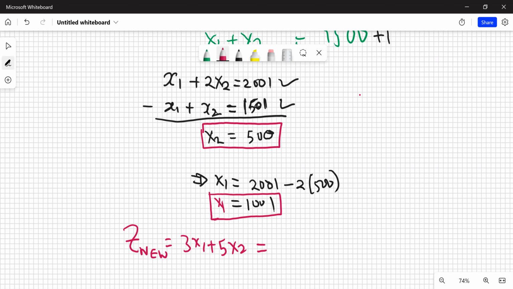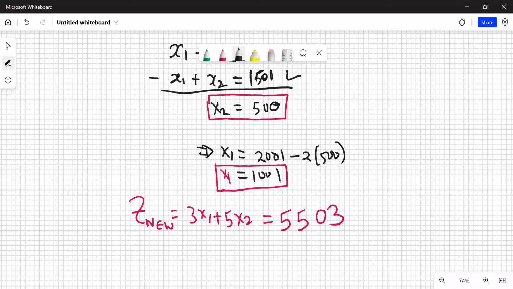So this will be 3 times 1001 plus 5 times 500, which is 5503. Okay, so that's the new profit. Then our Z old from our original equation, 3x1 plus 5x2, was giving us 5500.